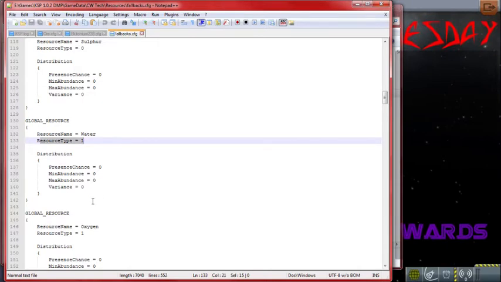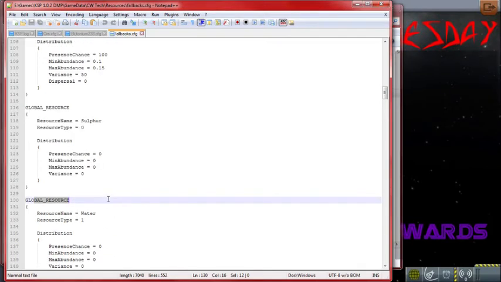Because of the resource type, we had to have global resources for every single resource type back in KSP 0.9 Regolith. But we haven't quite seen that so much so far. But there has been global resources. So we might as well just leave it in since it's not doing any harm.